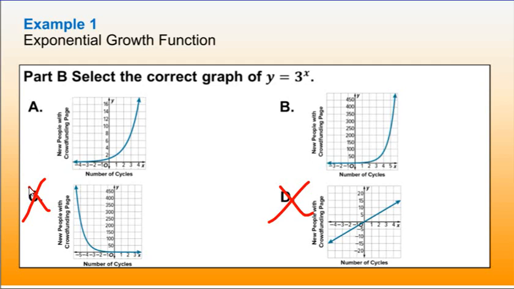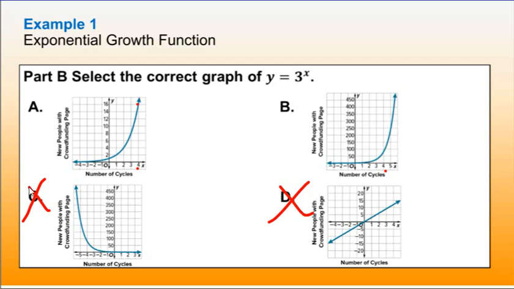So another way of looking at this is we could choose some points to determine which one would best fit. So let's look here. If we look at 4, where the number of cycles is 4, you can see that in graph A, 4 would be roughly 16 new people.